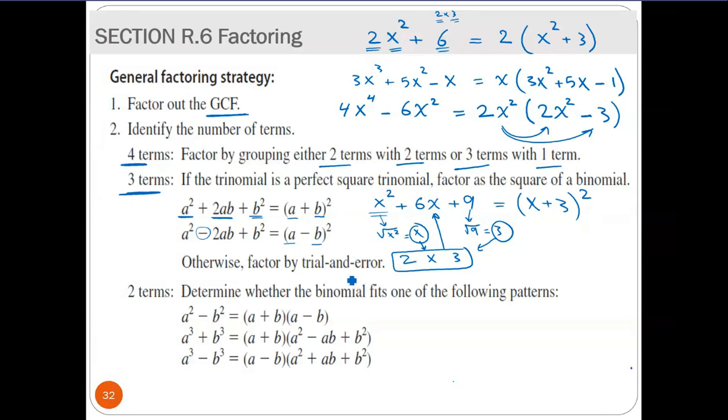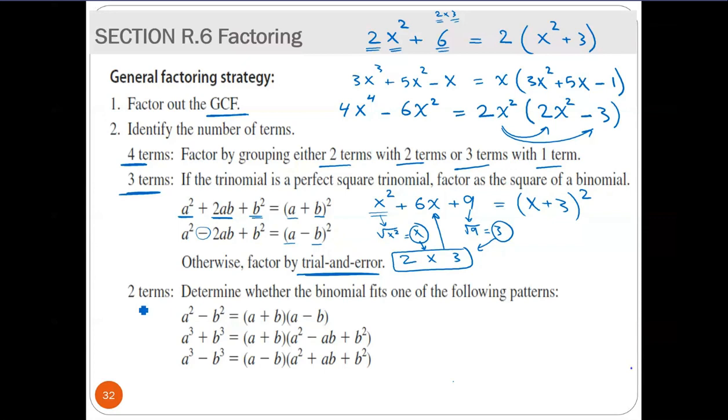Otherwise, we must try and error. Put the 2 brackets, x here and x here, and we find the 2 numbers whose product and addition give the coefficient of x and the number.